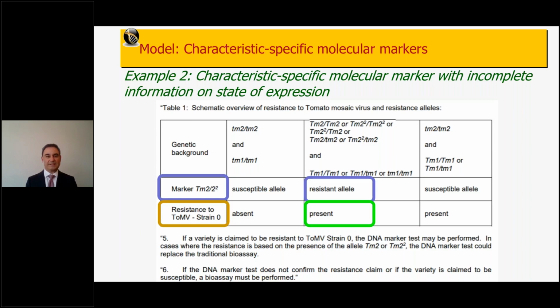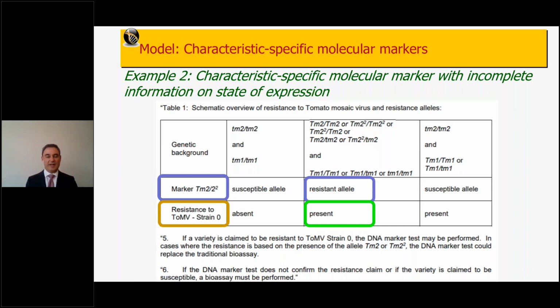It is well known that when marker Tm2 or Tm2², when this marker is found, there is the expression of resistance in tomato plants against the mosaic virus.